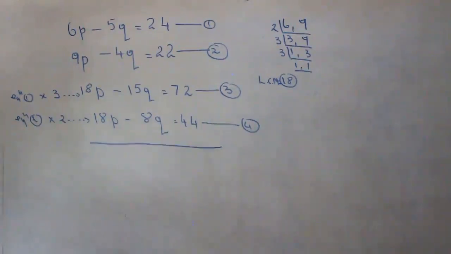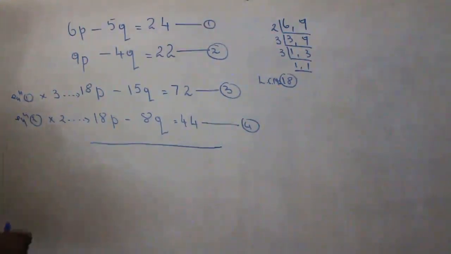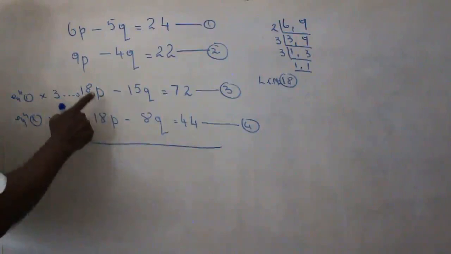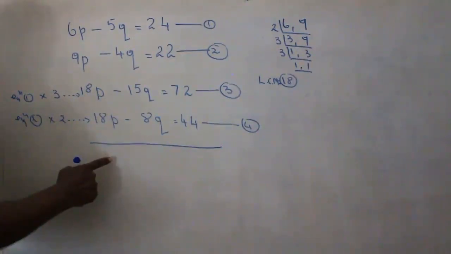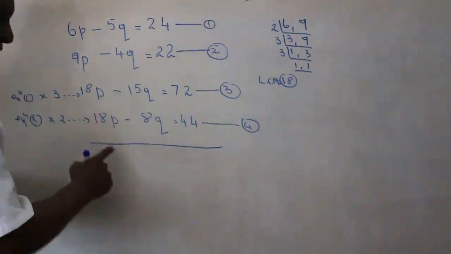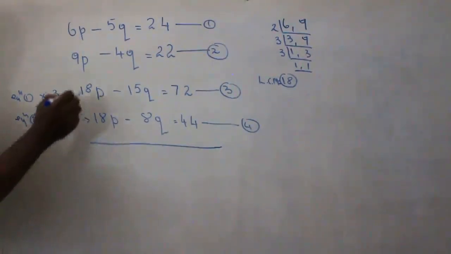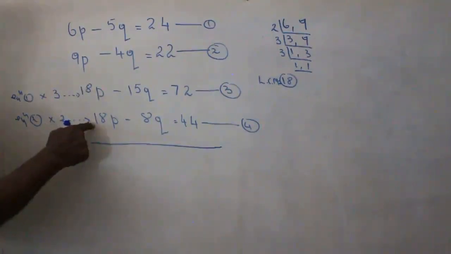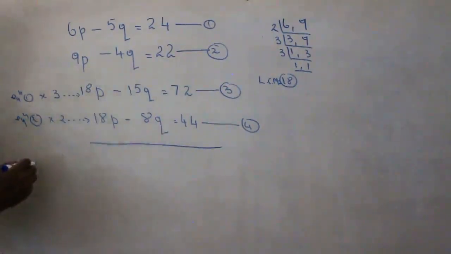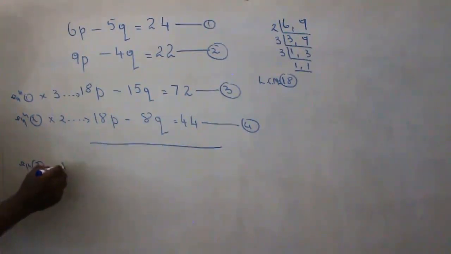Now you will have to use what you have learned before, whether you are going to add or subtract to get the p out of the way, or to eliminate p, or to make p disappear. So you know that when you subtract, this will become minus and the plus p will disappear. Therefore you do equation 3 subtract equation 4.